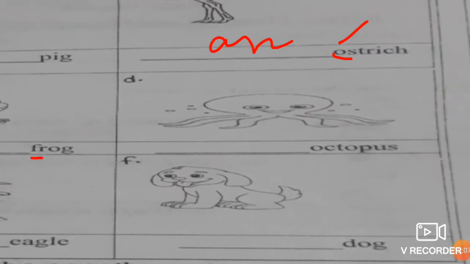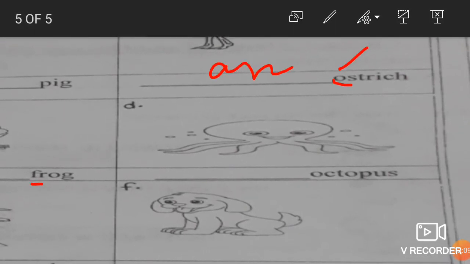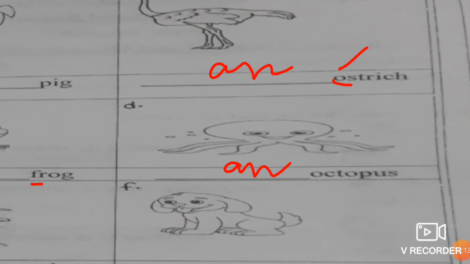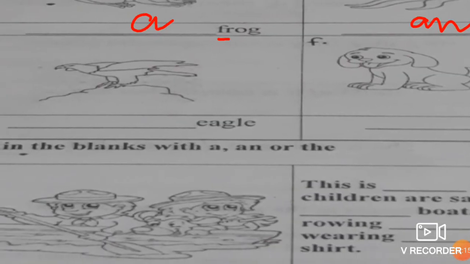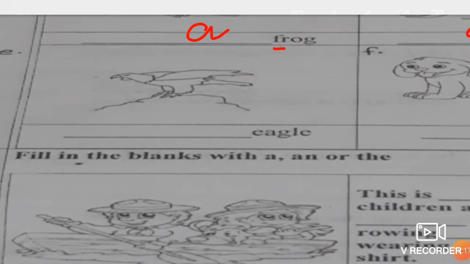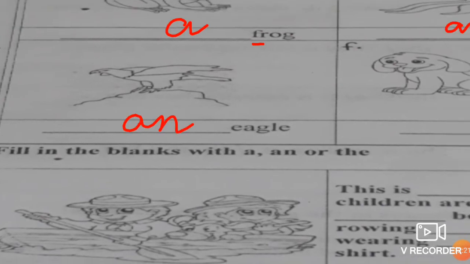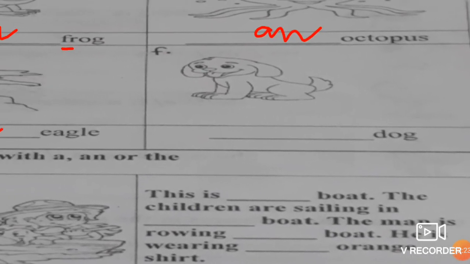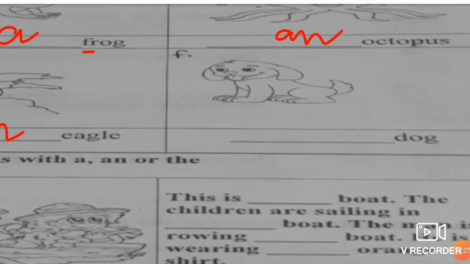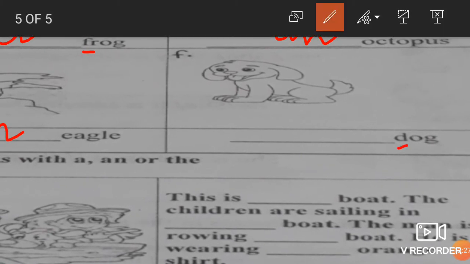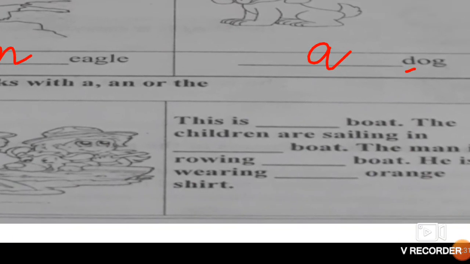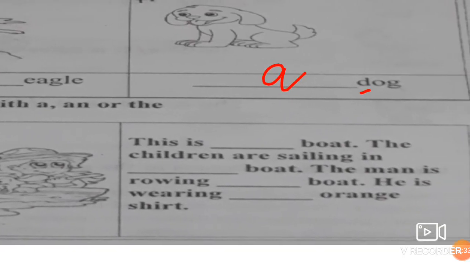Here it is octopus. O is a vowel. An octopus. Here eagle. E is a vowel. An eagle. Here it is dog. D is a consonant. A dog.